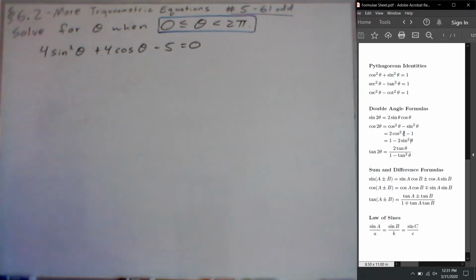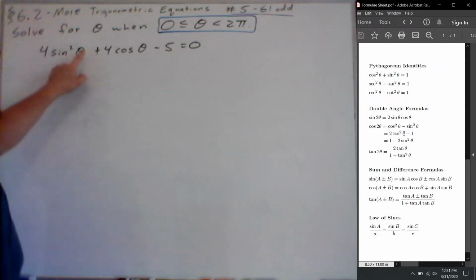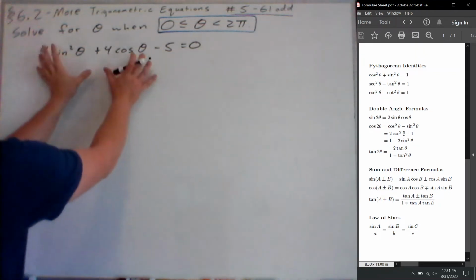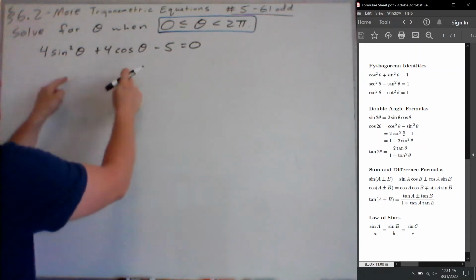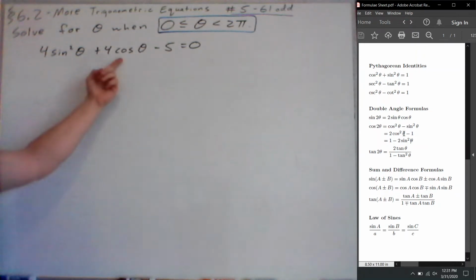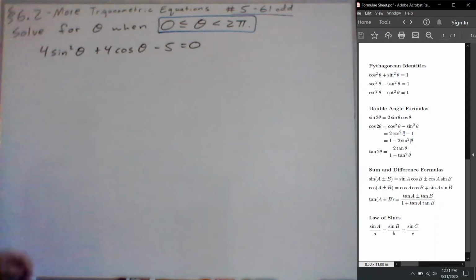And again, it looks real tempting to jump right into it and try and factor it, but this is a sine, this is a cosine. By jumping right into it and trying to factor it with a sine and a sine, your inner and outer terms are going to give you some weird sort of sine function, not the cosine function. So it's close, but it's not exactly what we need to do right now.